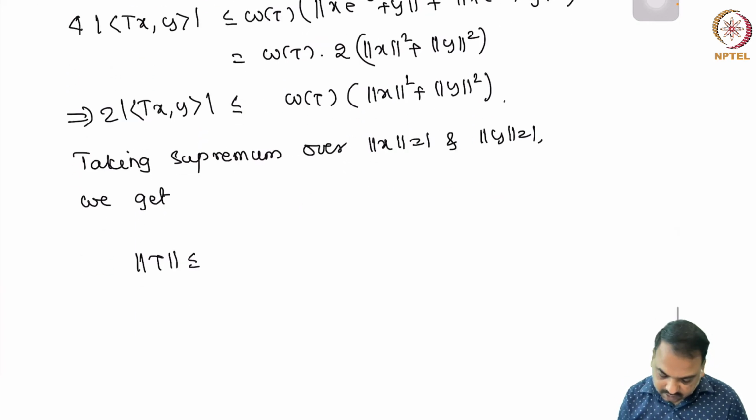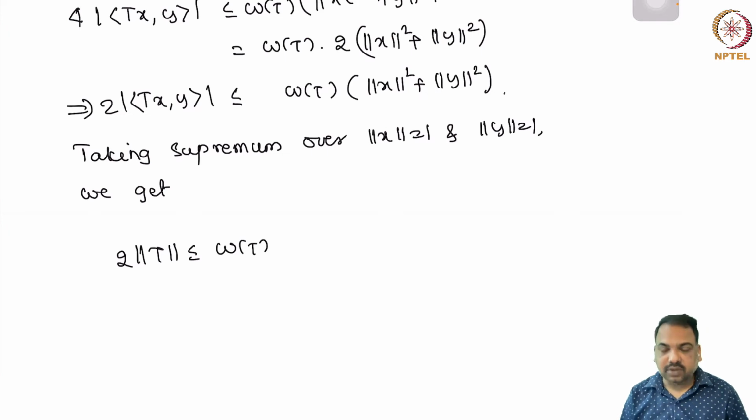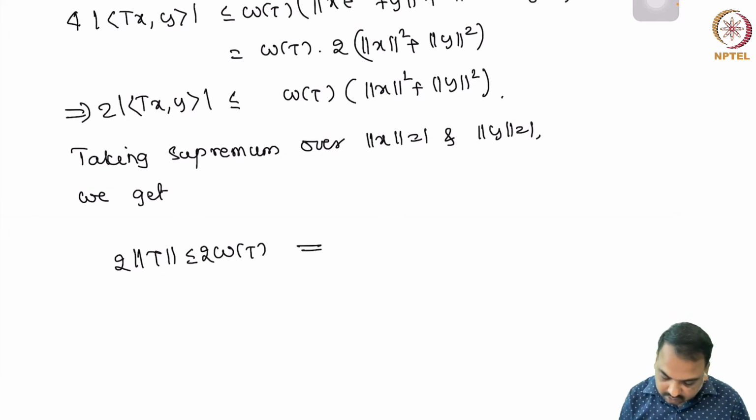We can say that 2 norm T is less than 2 omega T, and norm x equal to 1, norm y equal to 1, so this implies norm T is less than or equal to omega T.